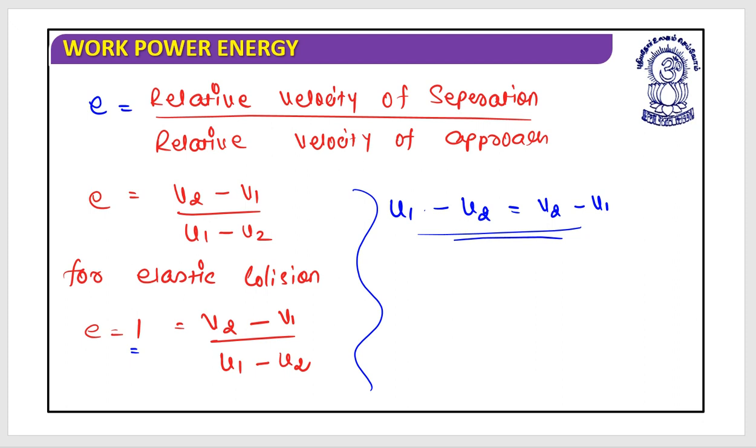If you remember, we used this concept while deriving the relations for the final velocities: when we derived the relations for v1 and v2, we used this relation.